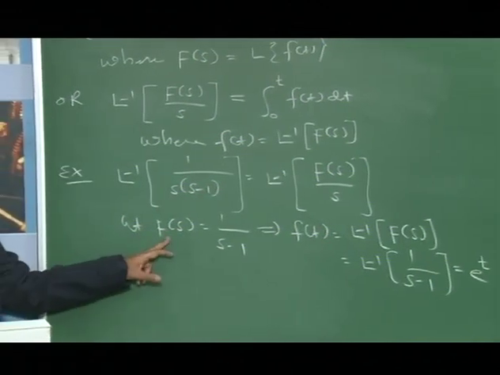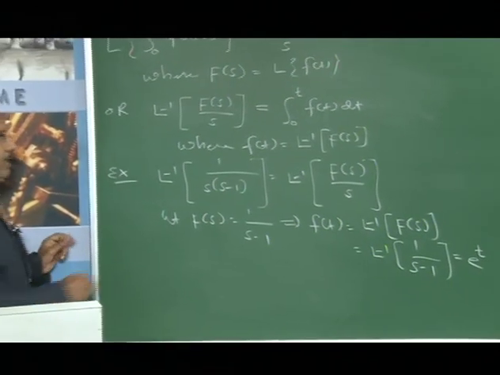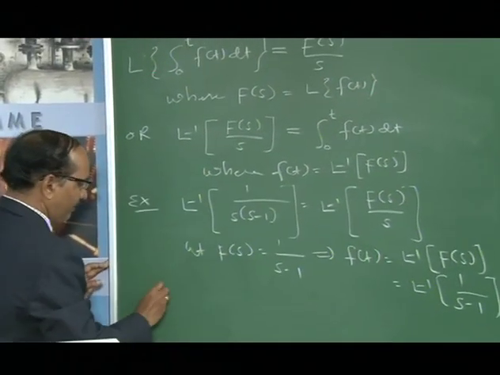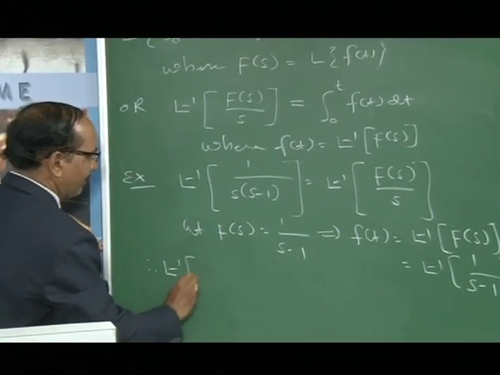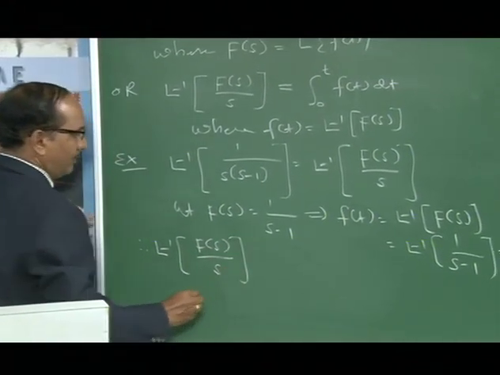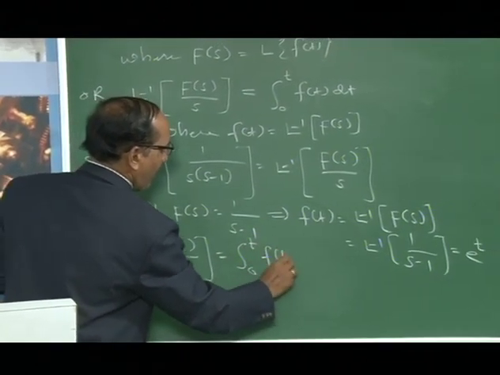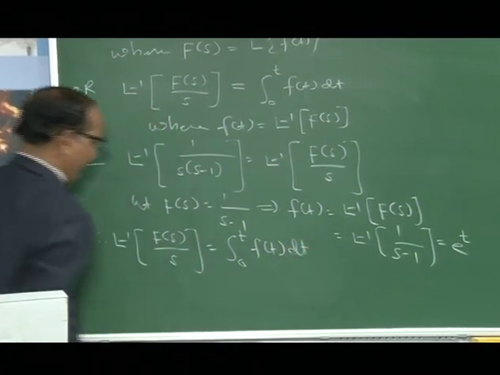So, we have identified F of s and its inverse is also known, substituting in the above formula. L inverse of F of s divided by s is equal to the integral from 0 to t of f of t dt.